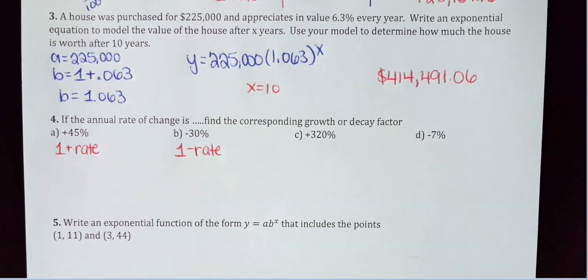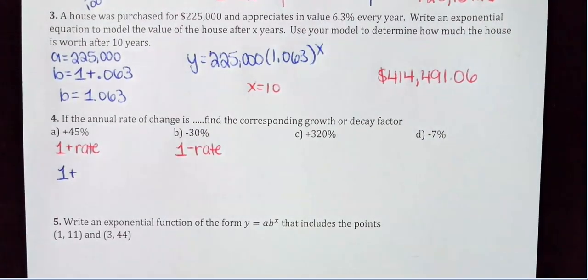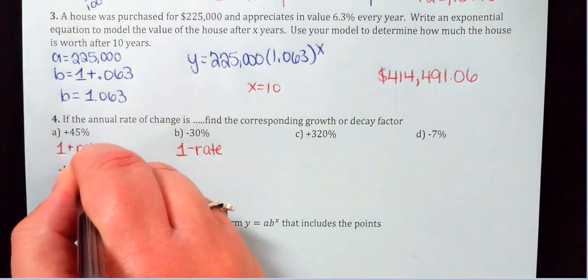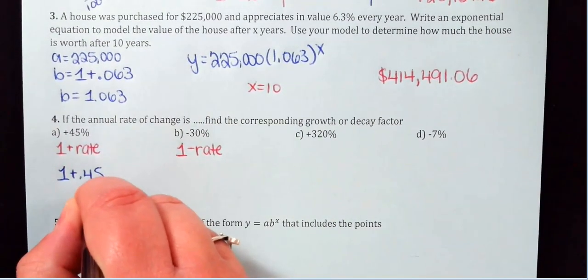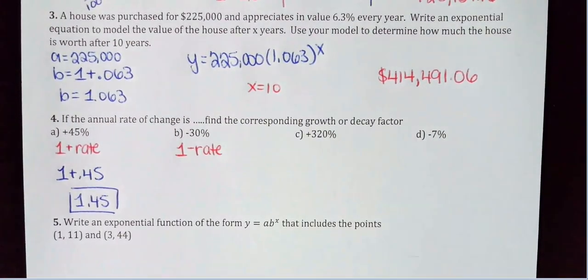So just the plus and the minus will indicate that to you. Now, for that very first problem, it just says 45%. You got to change that to a decimal real quick. What would be 45% as a decimal? 0.45. So all I would do here, this would be 1.45 would be my growth factor. And the question will specify that. It'll say, is it growth factor or decay factor? So this one would be growth.